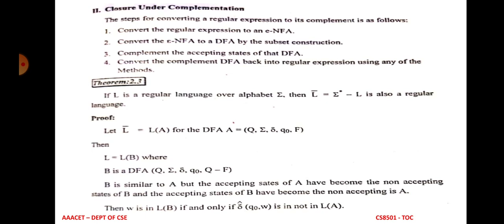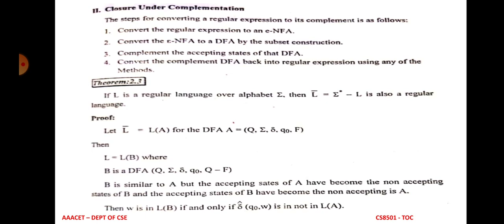The definition of capital A is Q, sigma, delta, Q naught, F, the same 5 tuples present in a deterministic finite automaton. Then we take L of A for L dash, and L of B for L. So the complement of L is L dash. B is another finite automaton that has the 5 tuples Q, sigma, delta, Q naught and Q minus F.